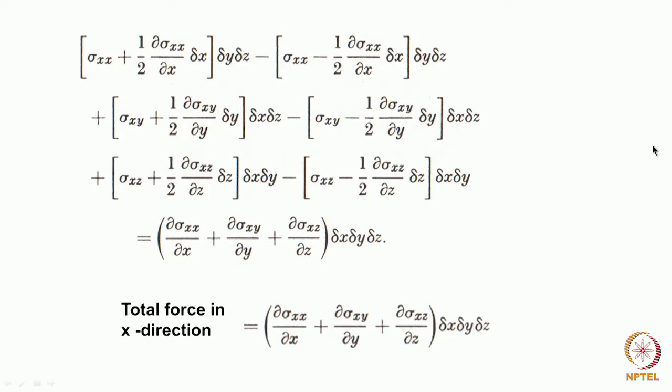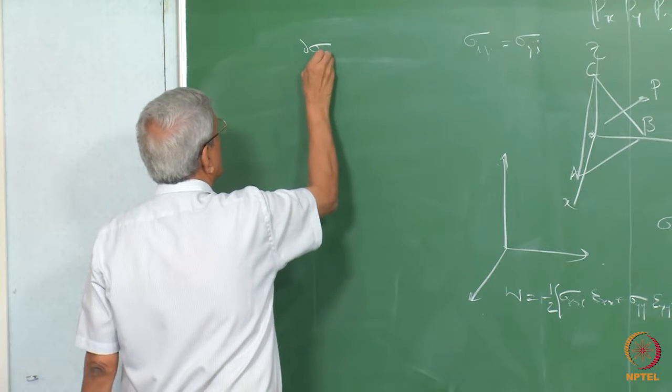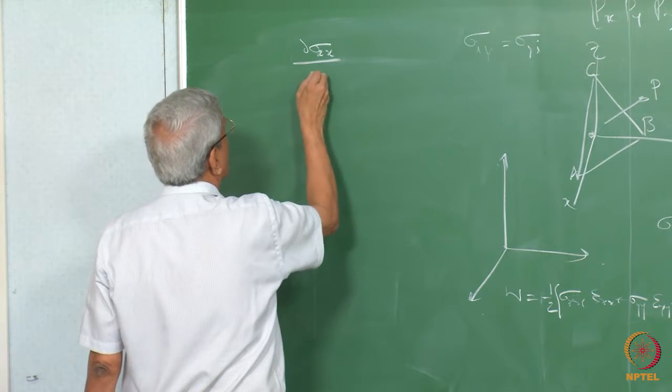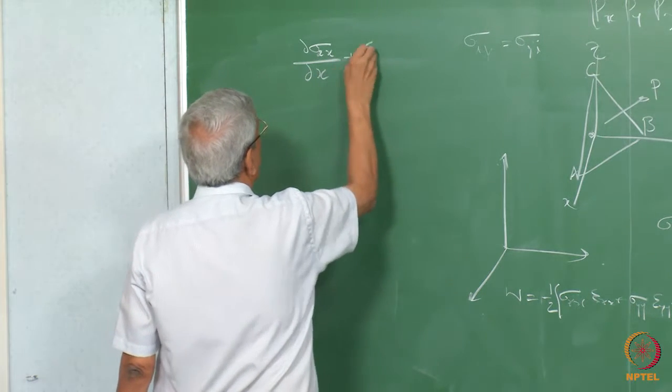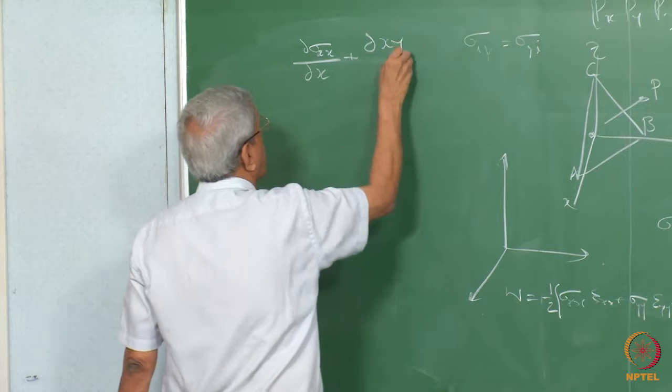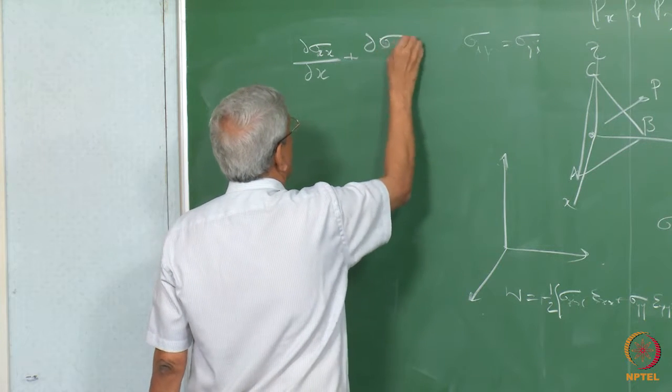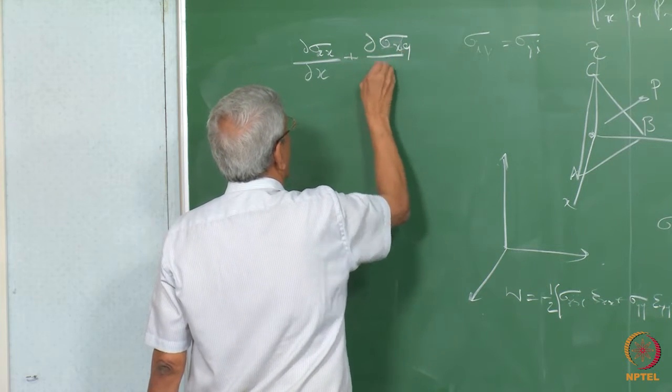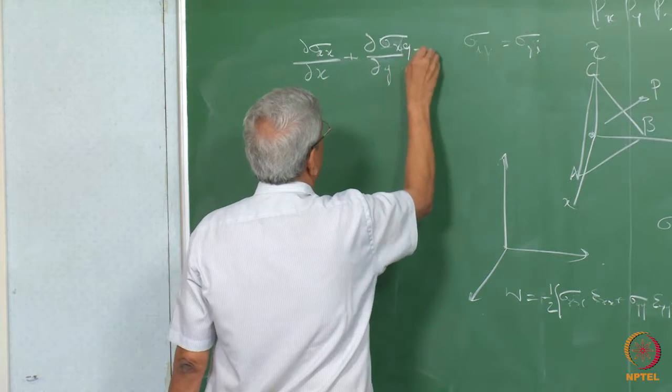The sum total will give you the total force which is going to act, correct? This is being given by this expression. So the total force which is acting in the x direction, correct?